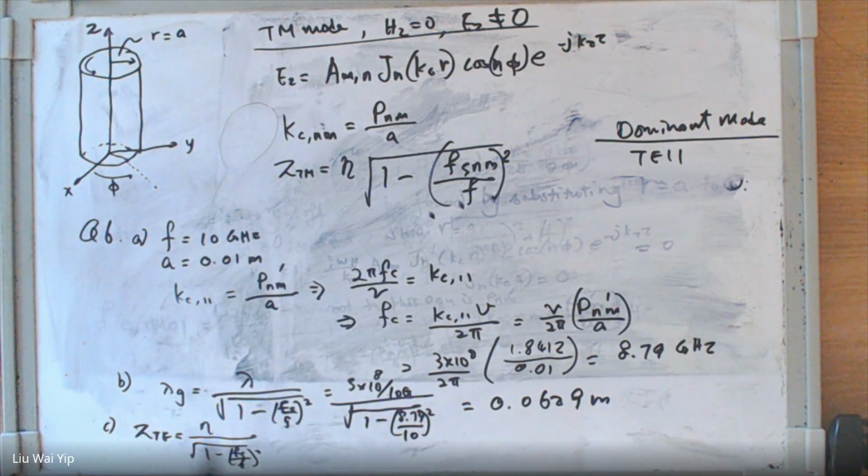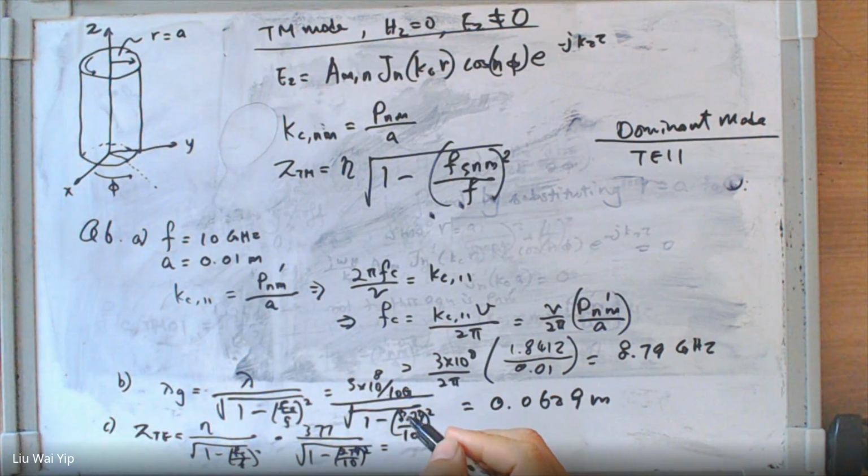Yeah, I think you can read it. Then 377 over the square root of 1 minus 8.79 over 10 squared. If you do it very carefully, you will get the value 790 ohm. So this is the answer of the question.